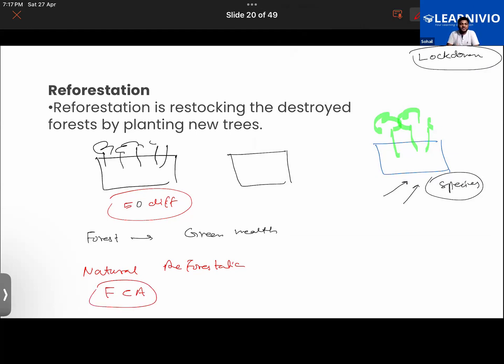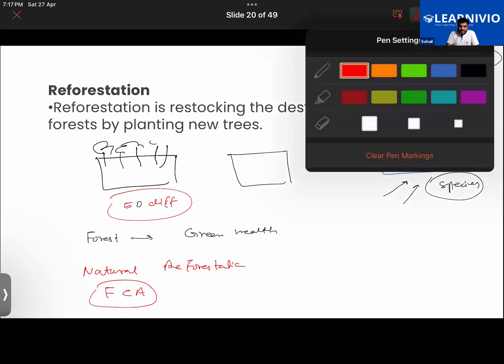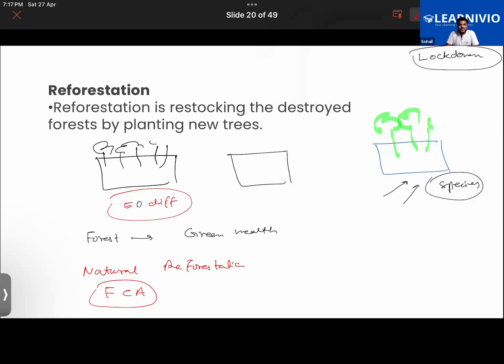It is aimed at the preservation and conservation of natural forests, and at the same time, it also aims at meeting the basic needs of the people who are living in or near the forest. Is it clear? Actually, it is FCAI. Let me write its full form: Forest Conservation Act of India. What is its aim?